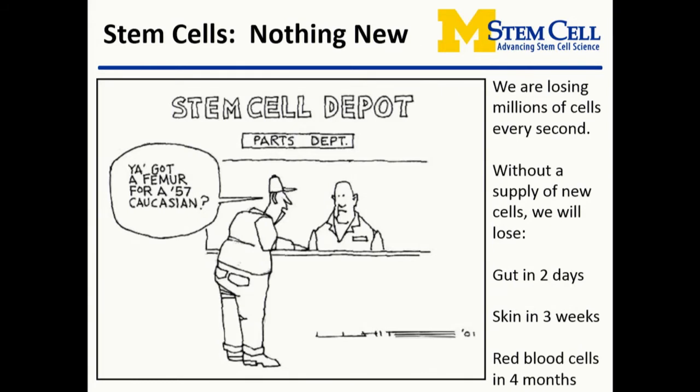We would lose our skin in 3 weeks, and we would lose our red blood cells in about 4 months. So within our bodies, there are stem cells that have specific functions. Some of the important things is trying to figure out how they function and how they work, how they might be kept quiescent, or how they might actually function when they're damaged.